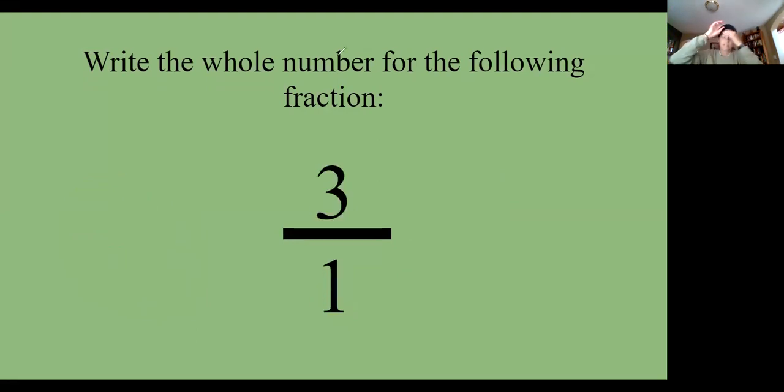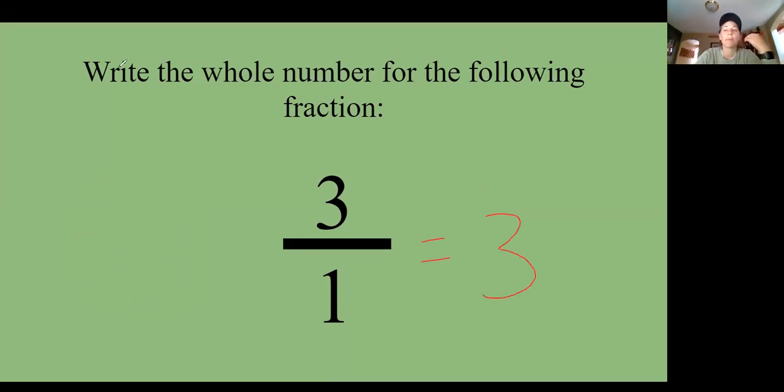This is a little bit trickier. This also equals a whole number, but it actually equals 3. Let me draw a picture to help you see that. So the bottom number represents the whole. So if you have a circle like this, that is 1 piece and it equals the whole circle.